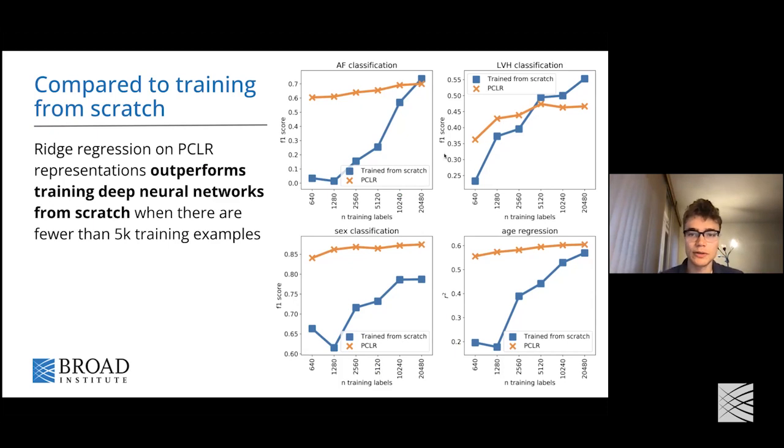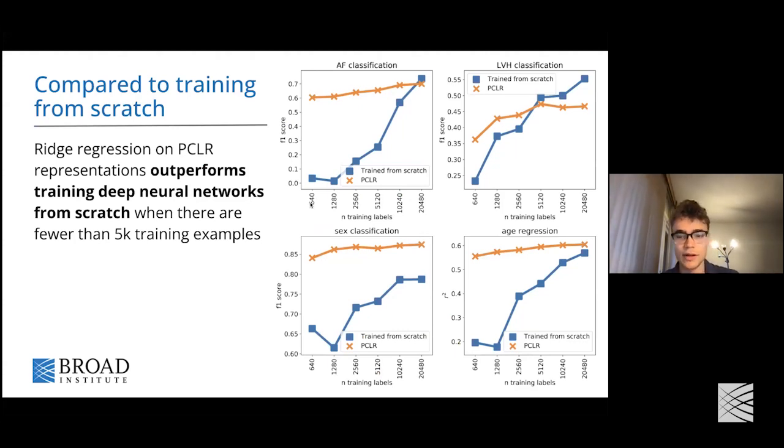So first, we're going to look at atrial fibrillation classification. And on the x-axis, we have a number of training labels labeled with yes, atrial fibrillation, or no, atrial fibrillation. And atrial fibrillation is relatively rare. So there are only going to be a few cases out of the 640 training labels.